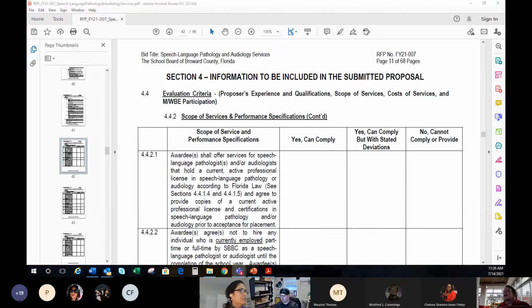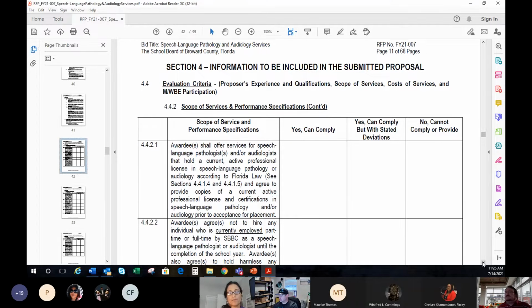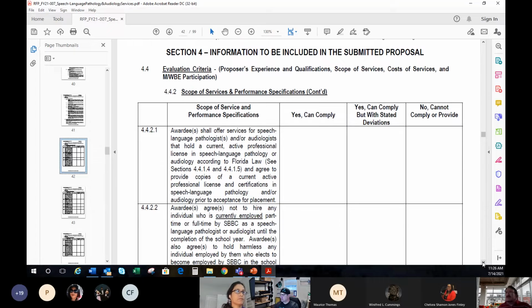All right. This is the start of the scope of services. Again, this was number 2 in the information that I started out with, talking about scope of services and performance specifications. Basically, this is what is required of the proposer in order to meet the services needed to perform under the contract.